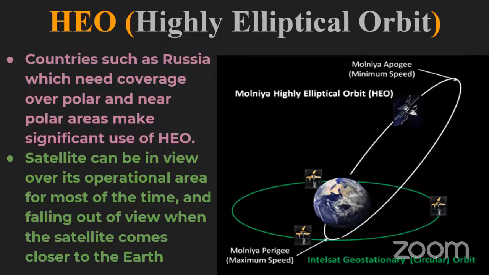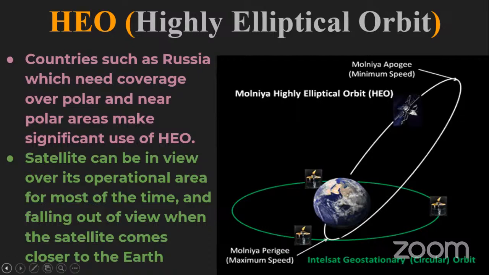I don't want that. Why? Because I want to do proper weather forecasting. My satellite has to remain the maximum amount of time near the North Pole and not away from it. That is why these countries do not go for LEO, MEO or GEO. Instead, they go for a highly elliptical orbit.